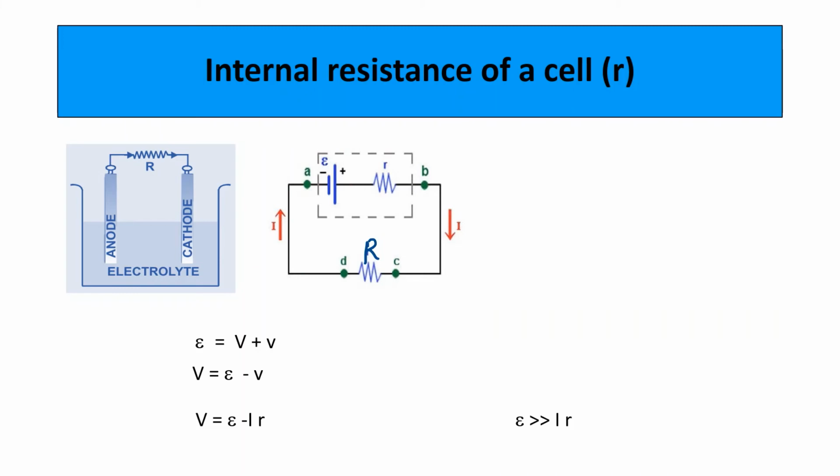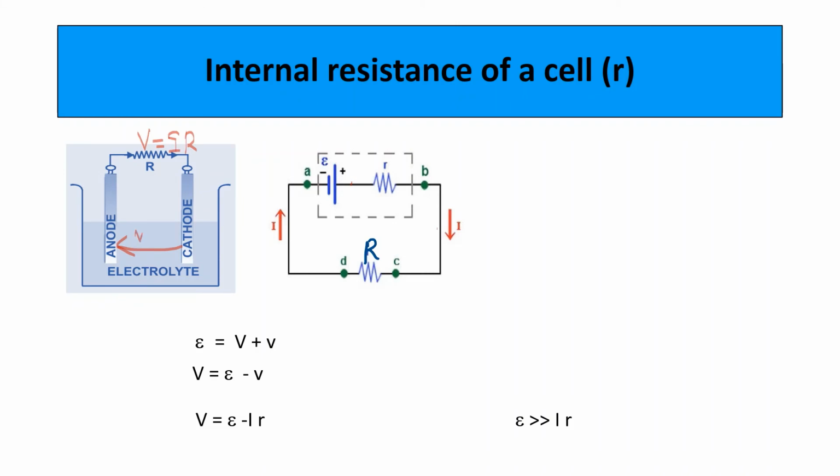The electric current starts flowing from the positive terminal to the negative terminal of the cell. The terminal voltage or the potential difference across the external resistance is V is equal to I into R. When the electrons flow inside the electrolyte, it will offer some resistance, which is called internal resistance.